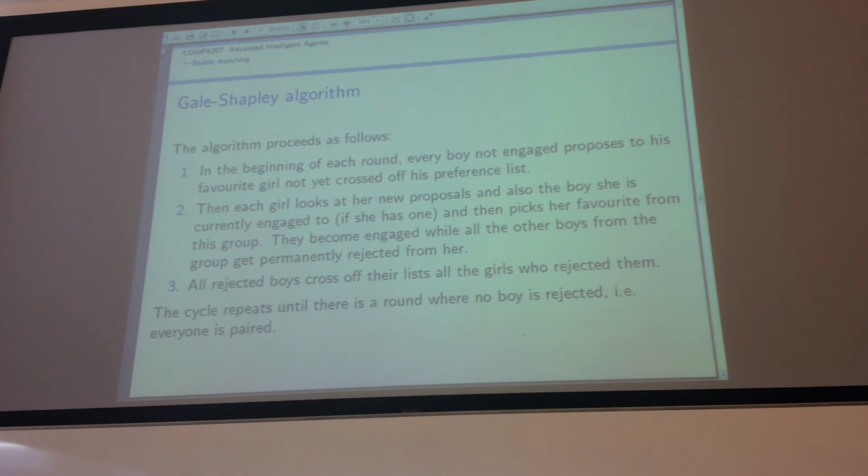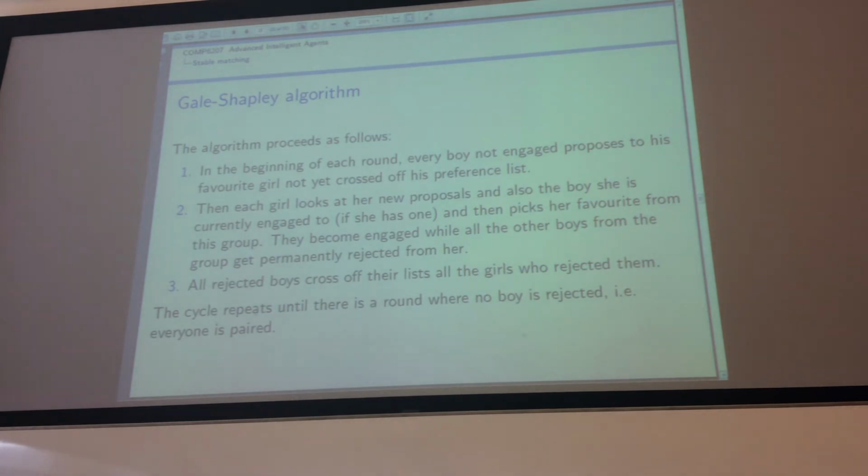If he goes there, then the girl looks at all her new proposals. She may have a few in the same round. She looks at all those, and she looks also at the current mate, if she has one, and she picks the best of those.